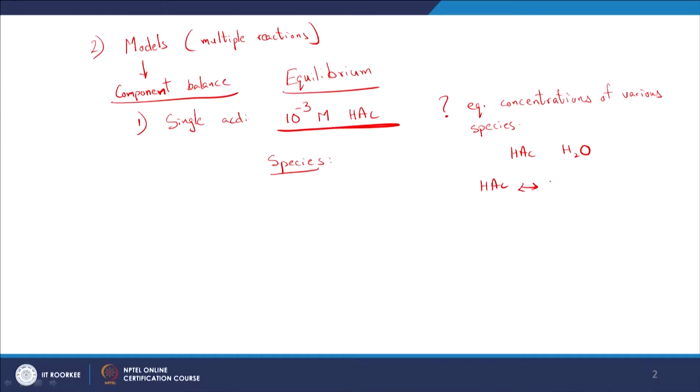So we have H plus and AC minus. The species can be the protonated form of the acid, the deprotonated form of the acid, and you will always have H plus, and obviously if you have H plus you will have OH minus. So these are the species you would expect to have at your equilibrium.